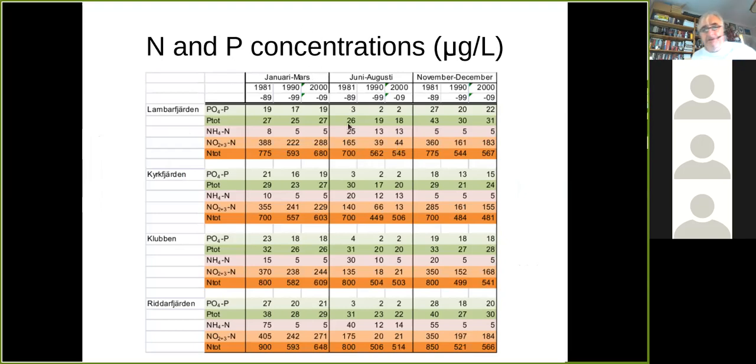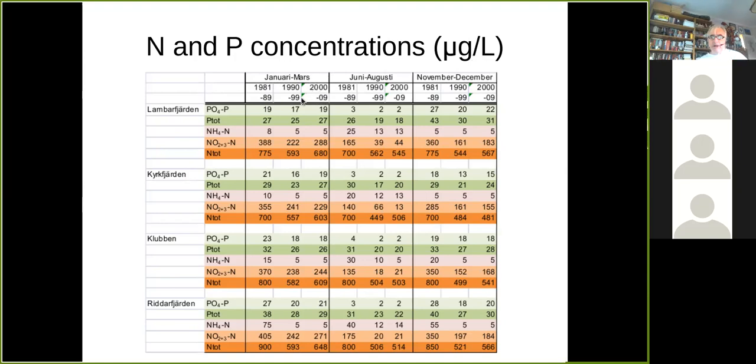Nitrogen and phosphorus, measured in the quantity micrograms per liter. And here we have the beginning of the year, January to March, summer, and then the end of the year. At some decades: from 1981 to 89, or from 1990 to 99, or 2000 to 2009.